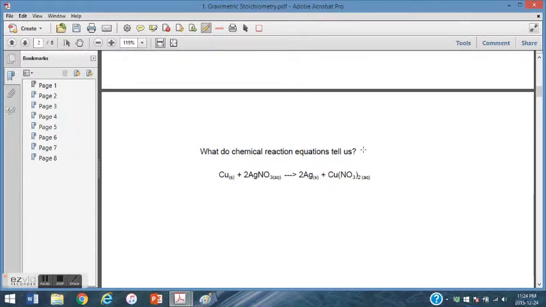Now, we can do a conversion, we've been doing this for quite a while already, between mass and moles, or between moles and mass. And so if I want to figure out that I need 20 grams of silver, we could use silver's molar mass to find out how many moles that is. And we could then look back and say, okay, how many moles of copper would I require to get there?